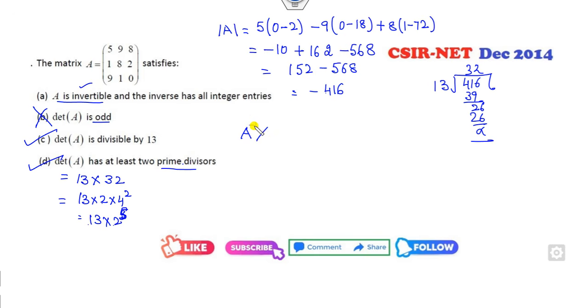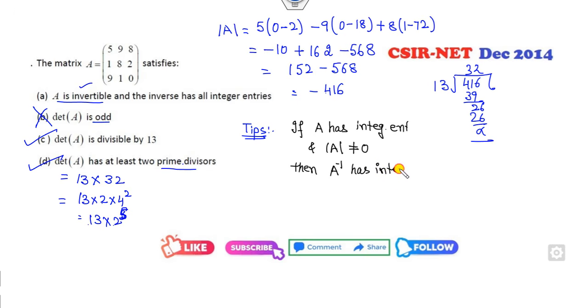Now there is no need to find the A inverse. What is the tip I will tell you? Remember, if A has integer entries and the determinant of A is non-zero, then A inverse has integer entries if and only if the determinant of A is either 1 or minus 1.